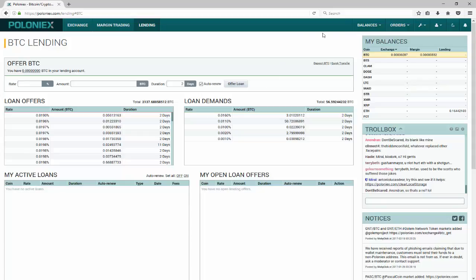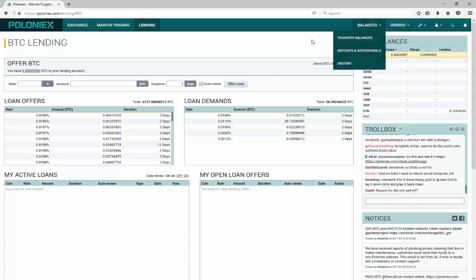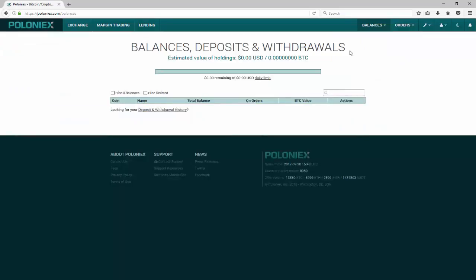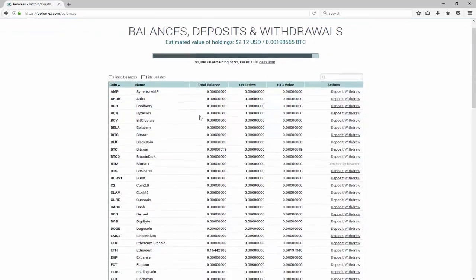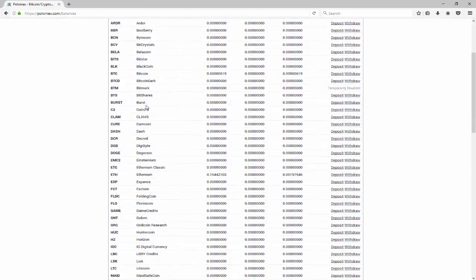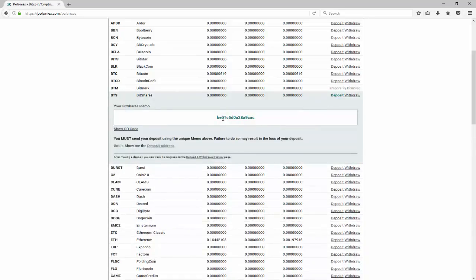And you can go here. So now that you know the three elements of this exchange, you can look at deposits and withdrawals. This will show you everything you have, and you can deposit any coin you want. If you wanted to deposit BitShares, for example, it'll generate a code.